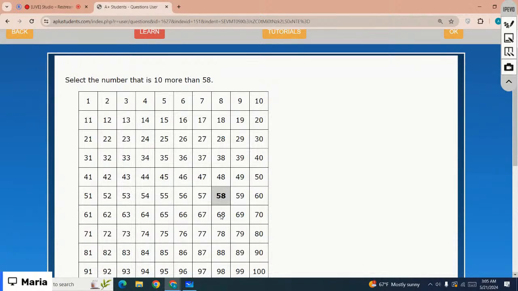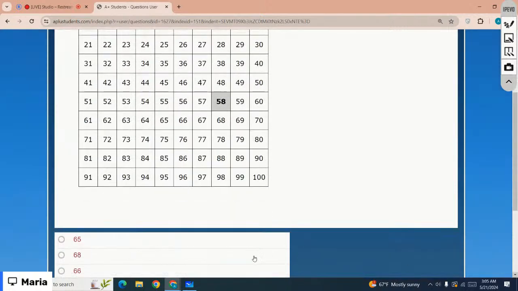Here is 58. When you move one down, that would be 68. So the correct option is 68.